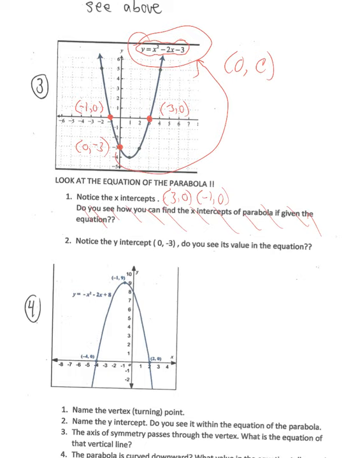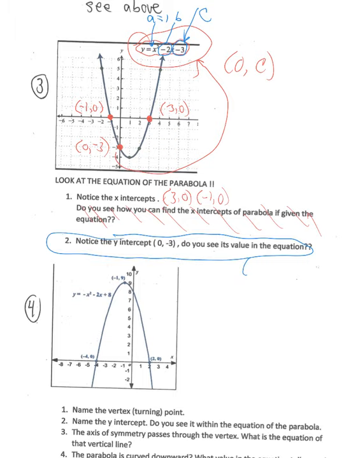When I have to graph one of these by hand, I always want to see that the a value, in this case, is 1, the b is -2, and there's our c. We can look in the equation and see that it's 0, -3.